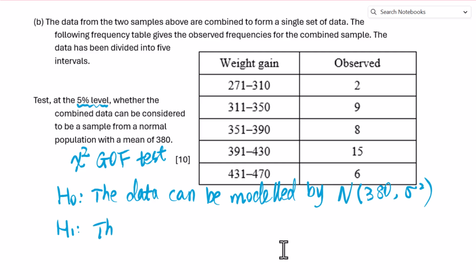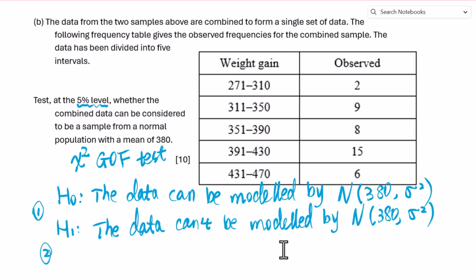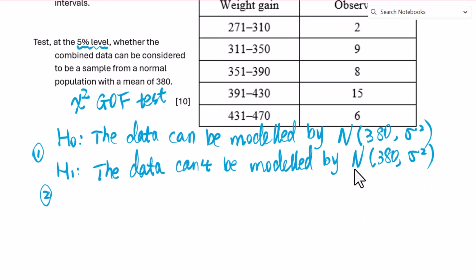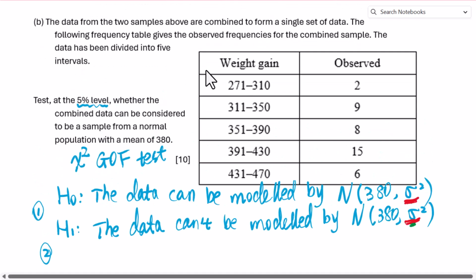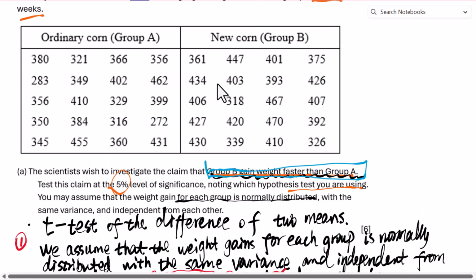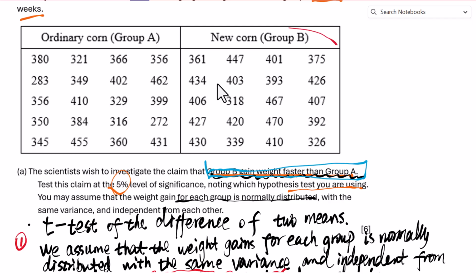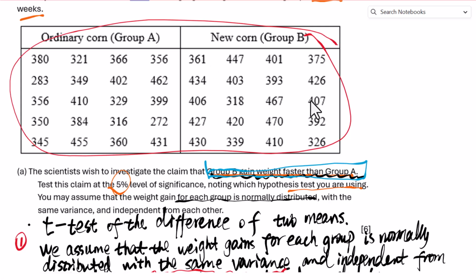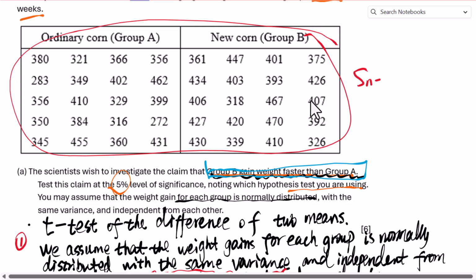H1, the data cannot be modeled by this normal distribution. Second step, we need to estimate this sigma from the given data, which is this 40 data. Put it into your calculator to get this S sub n minus 1.